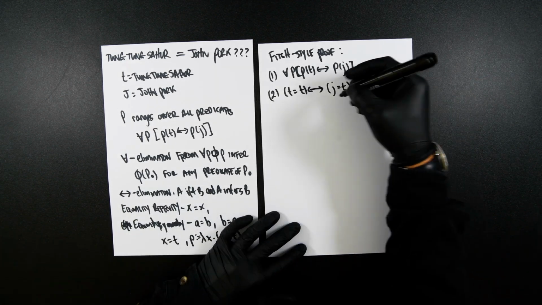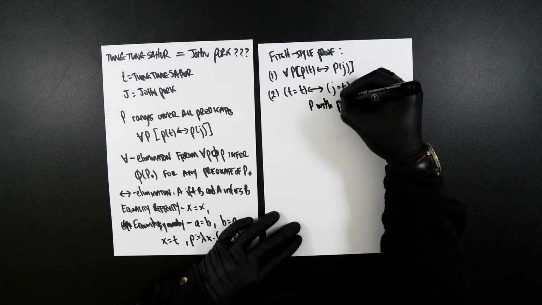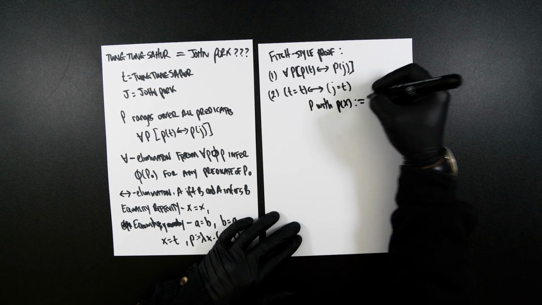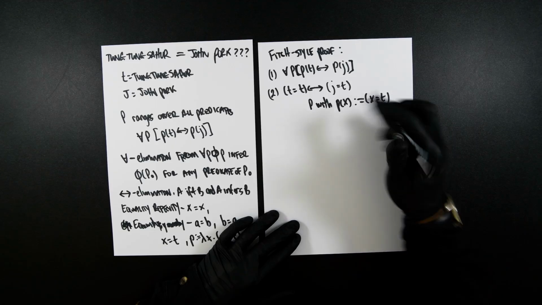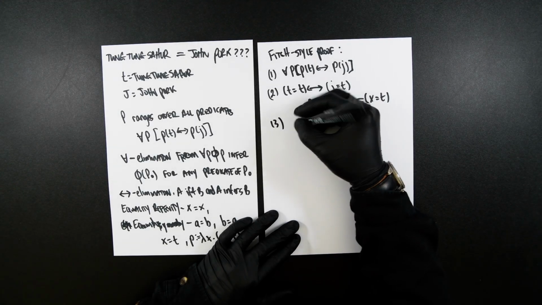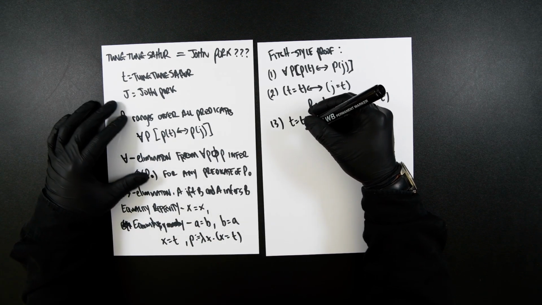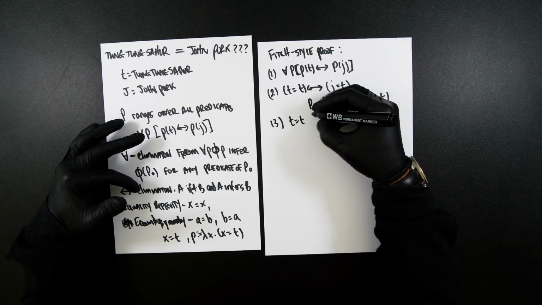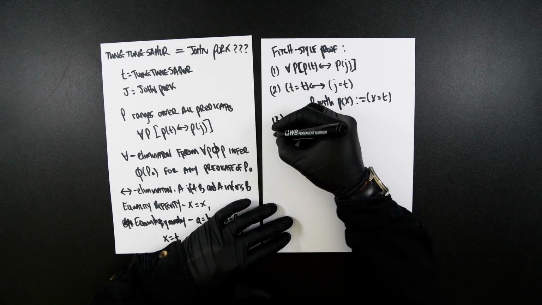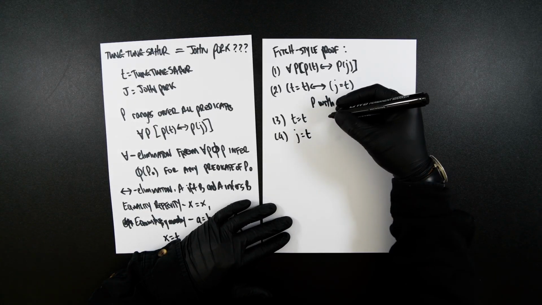P with Px, of x equals t. Now, for our third one, we're going to say t equals t. So we're now obviously saying that there's equality reflexivity here, so that's obvious. And then 4 is j equals t.